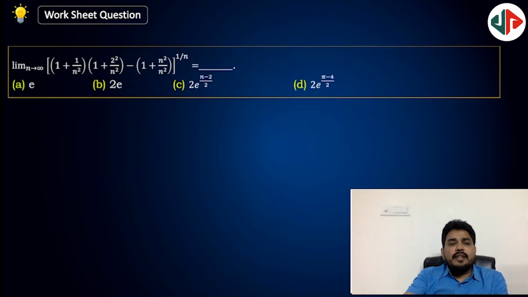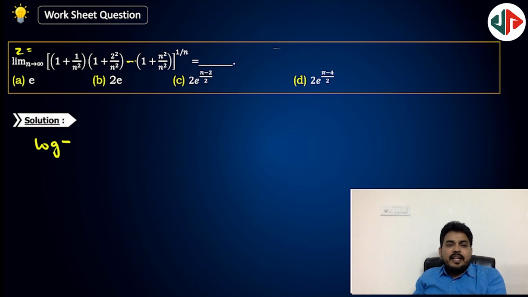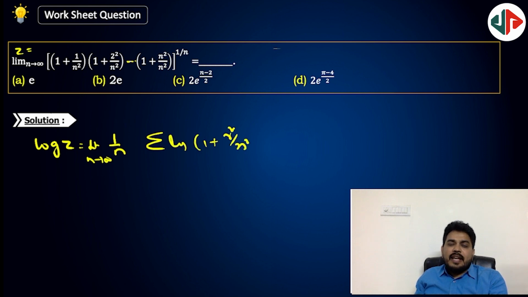Next question is the limit as n tends to infinity of 1 plus 1 by n square plus 1 by up to this. If I take this value as z, I'll take log z is equal to the limit n tending to infinity of 1 by n, summation of log of 1 plus r square by n square.